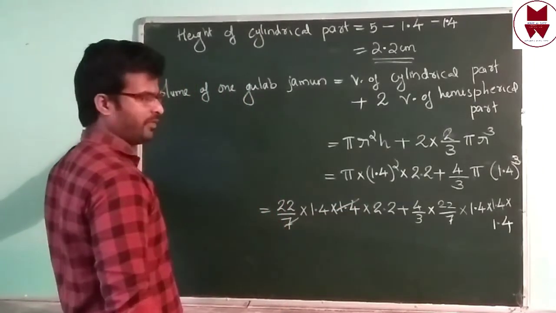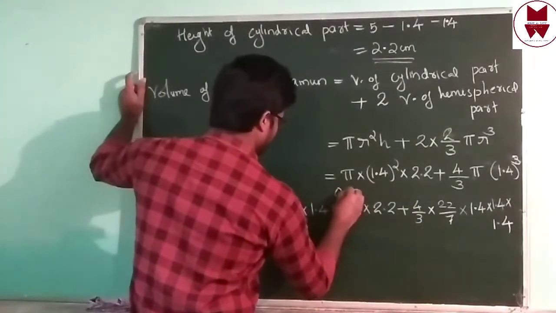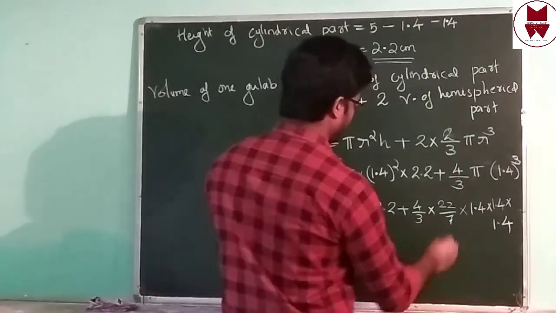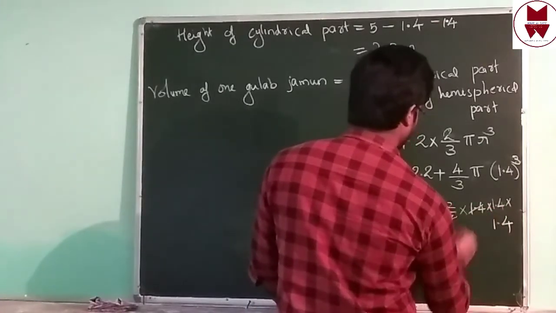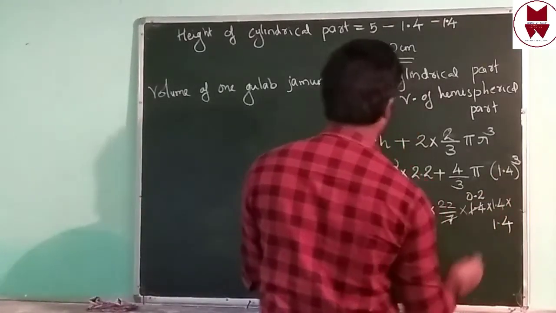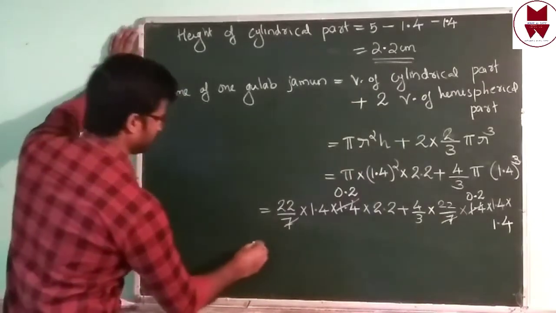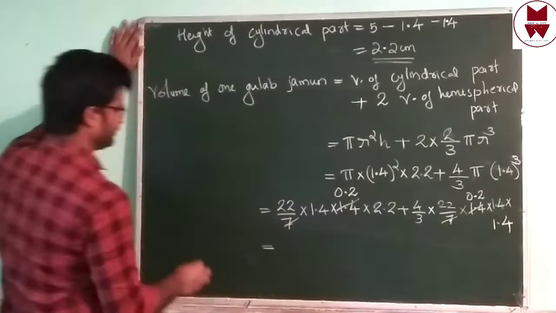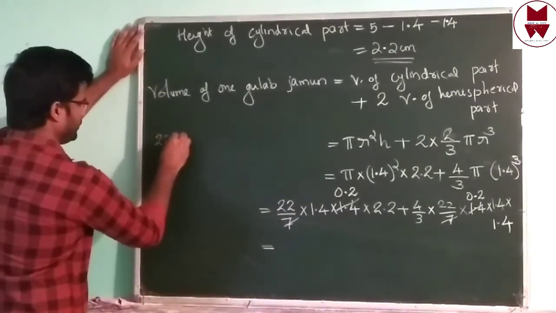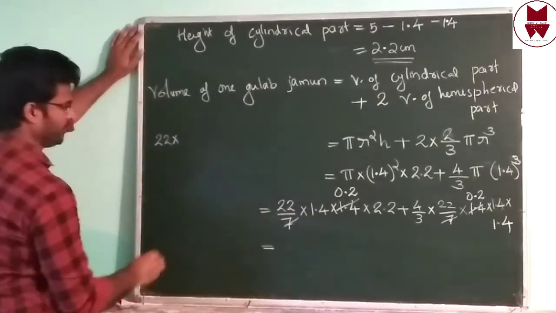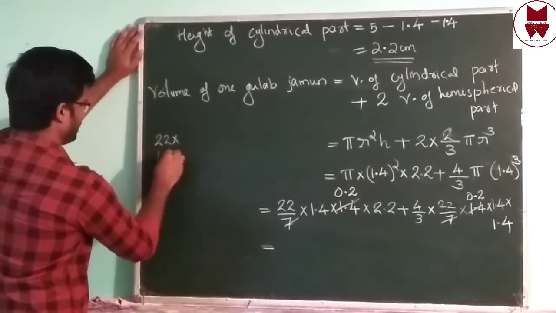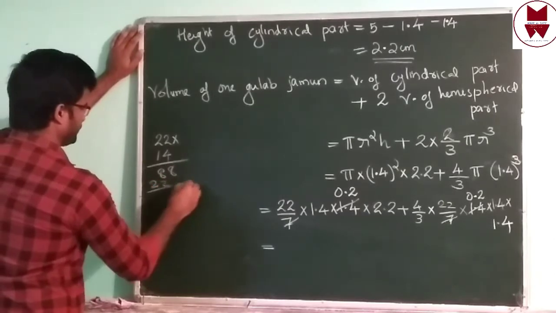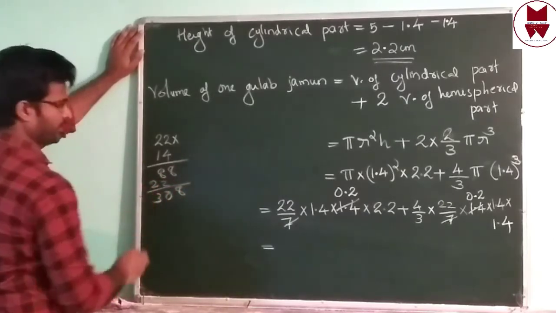Then 7 and 1.4 we can cancel, that will be 0.2. Here also 7 and 1.4 cancel, 0.2. Then multiply 22 into 1.4, it is 30.8.